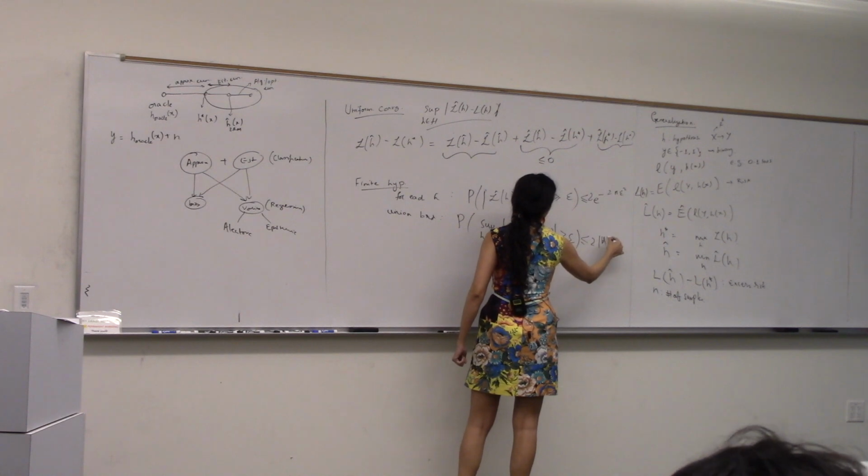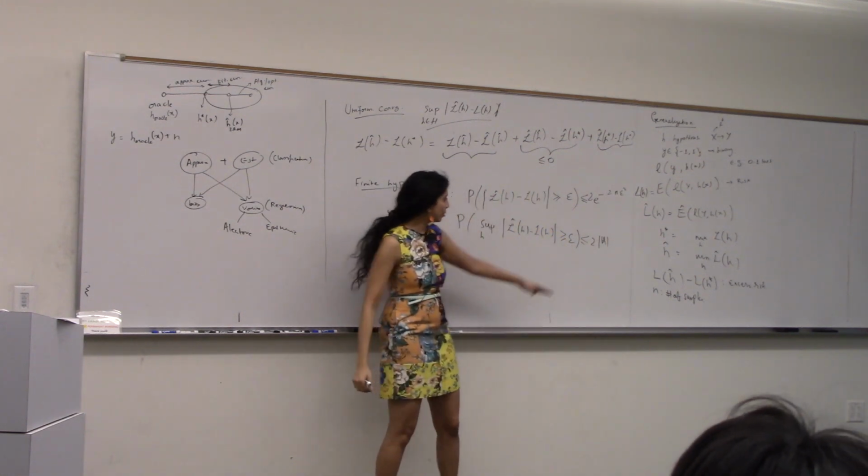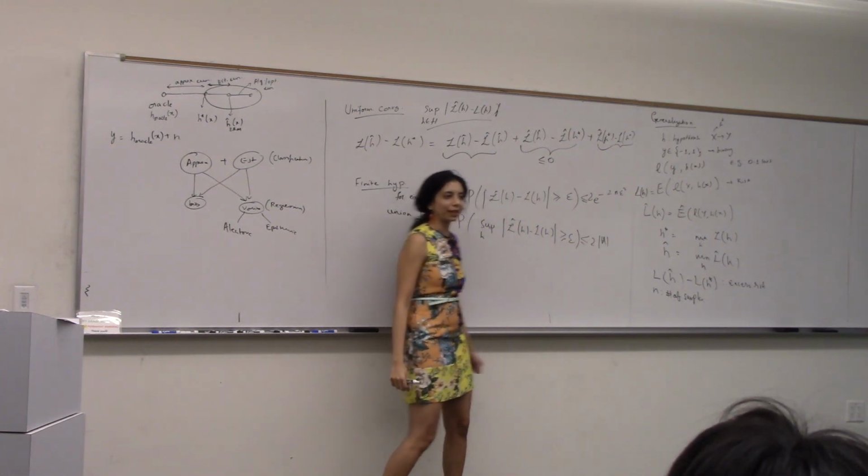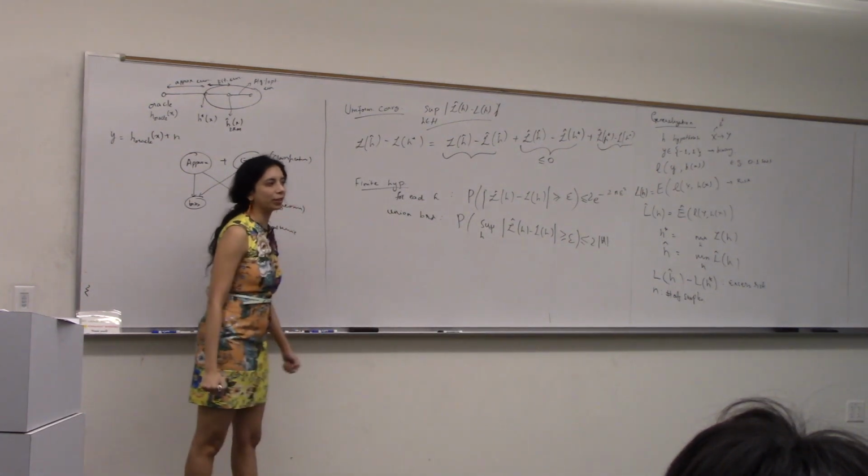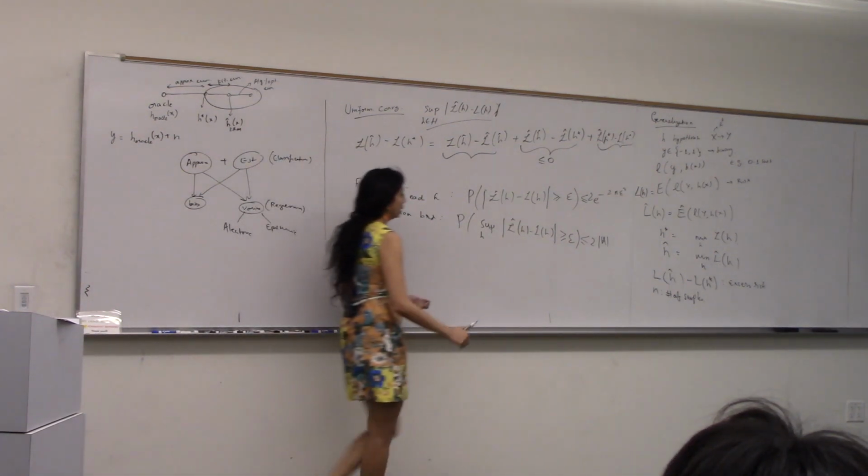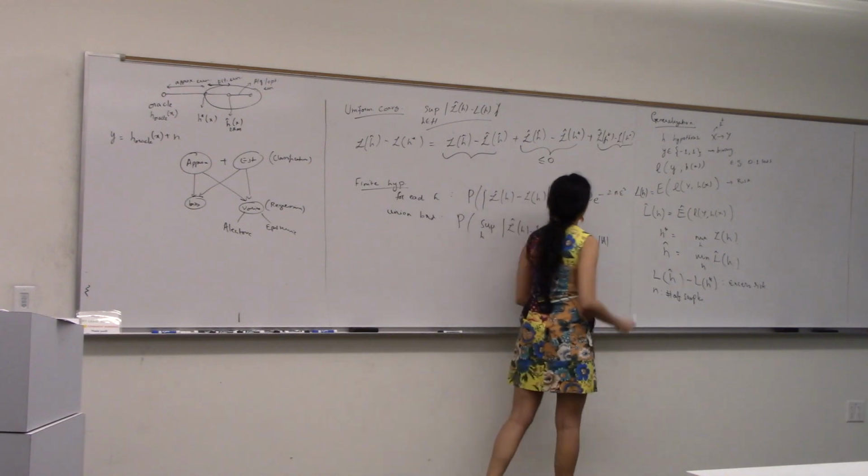So I'm just going to bound it by the number of hypotheses. This was just finite. So that's what the union bound gives me: I just have to multiply by the number of hypotheses.